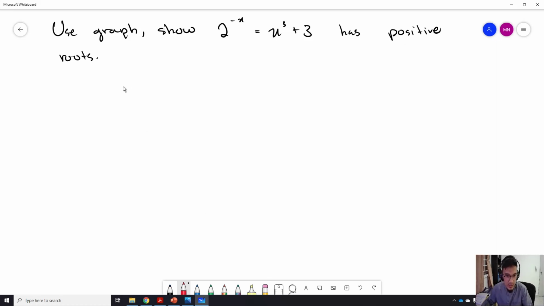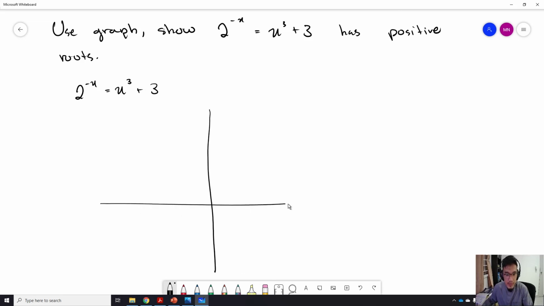So this is not a sketch, but we just show you the example. Okay, we have the function right here, 2 power of negative x equal to x cubed plus 3. Okay, then we draw the graph. We separate the function into two individual graphs.